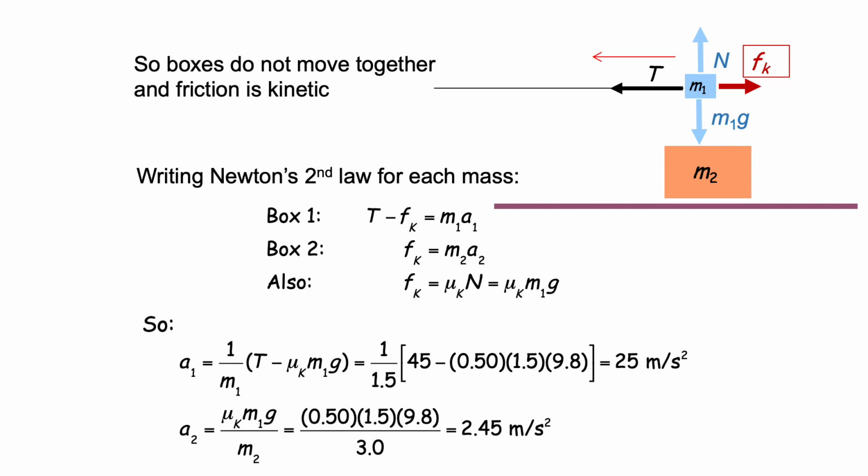Remember, in many cases in problems you're doing with blocks, especially if the blocks are pressing against each other, they are accelerating together. And so you can always assume that the acceleration of the two blocks is the same value, a, full stop.